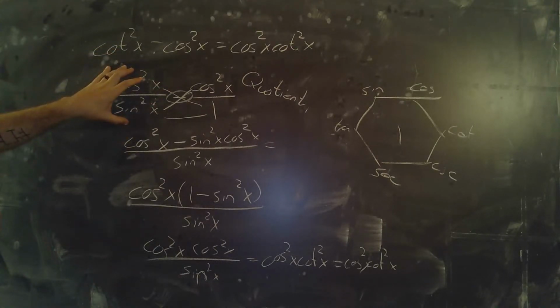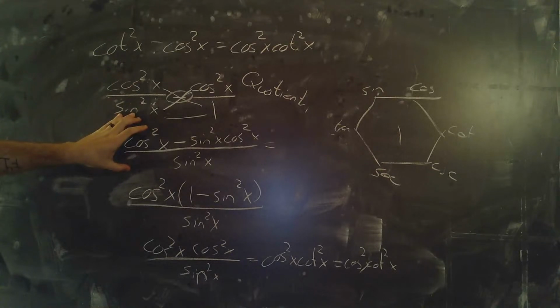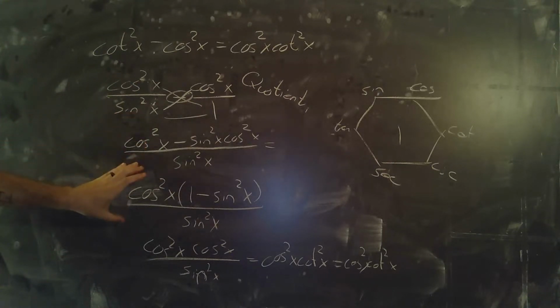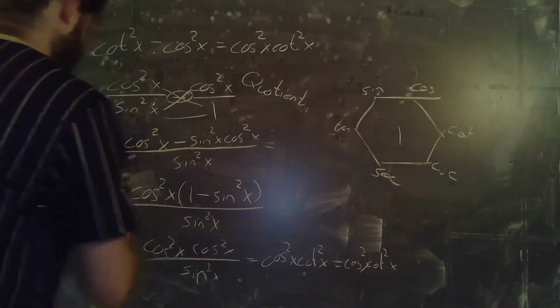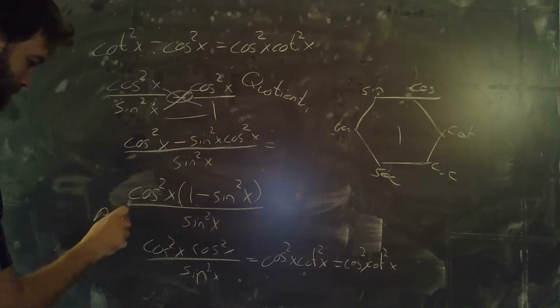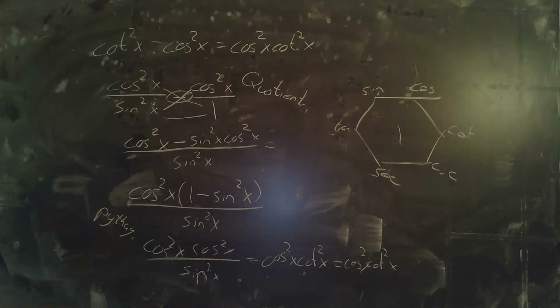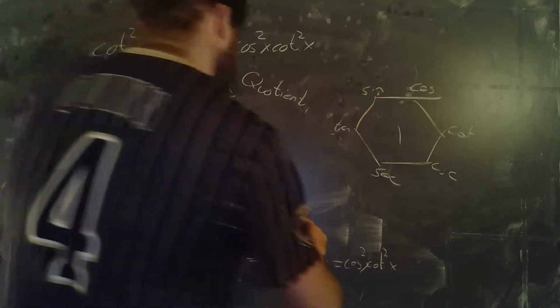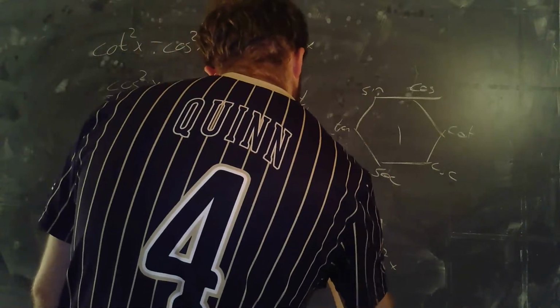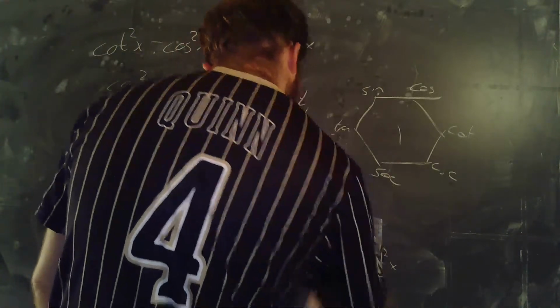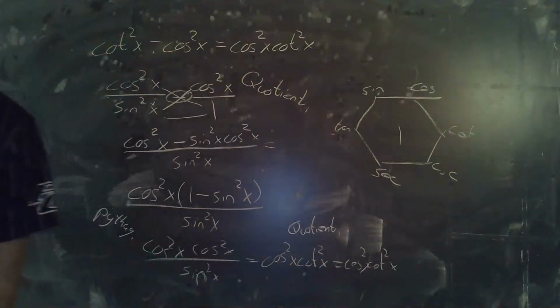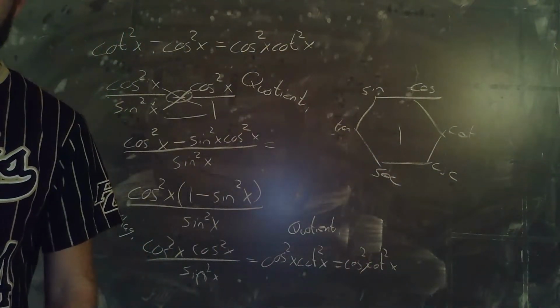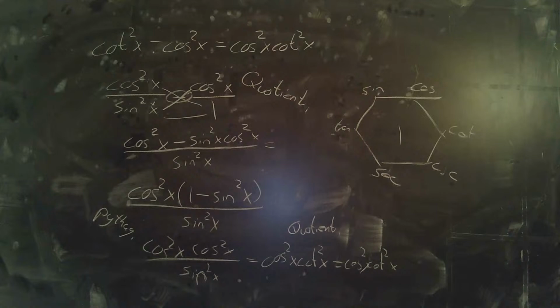We just used a quotient. We factored something here, so we don't need a reason. And then we used a Pythagoras here, so we need to write that down. Over here, we used a quotient identity to make our cotangent squared, so I need to write that down. And then that was the end of the proof. Nice and easy.